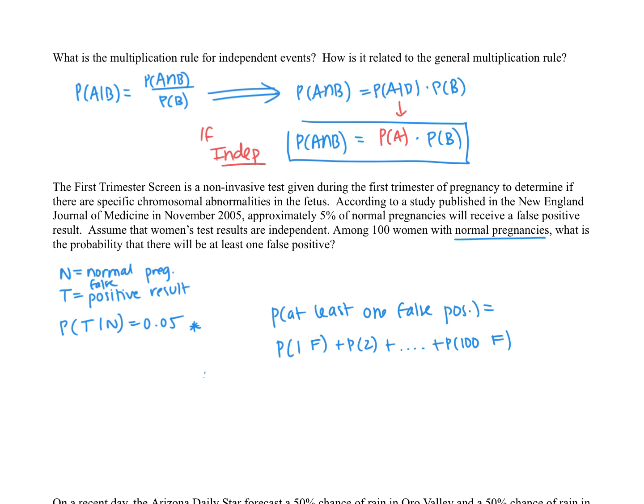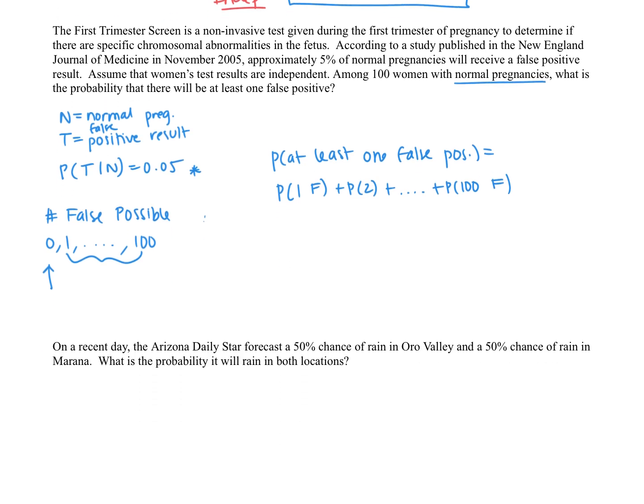Okay. I'm lazy. I don't want to calculate all 100 of those. If we look at how many false positives are possible, it would be 0, 1, all the way up to 100. Rather than calculating 1 to 100, I'm going to calculate the only case I'm not interested in.